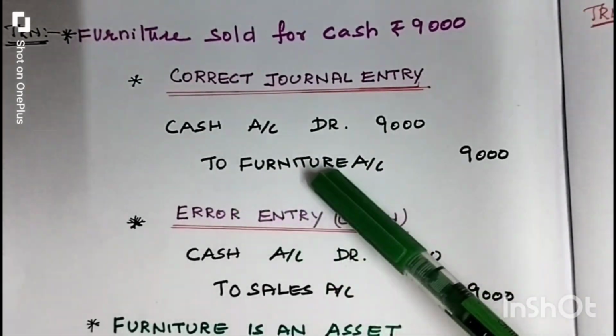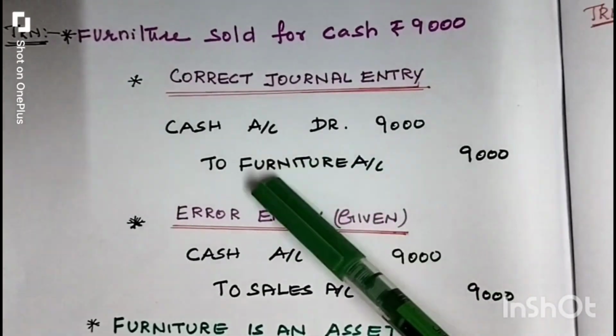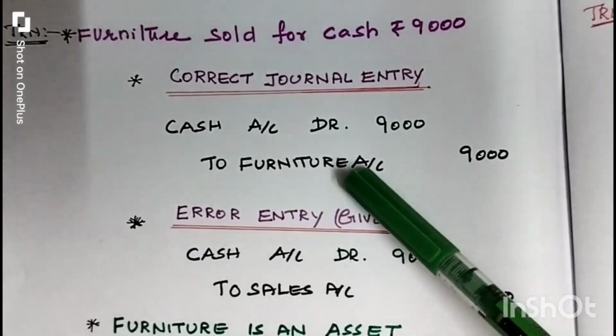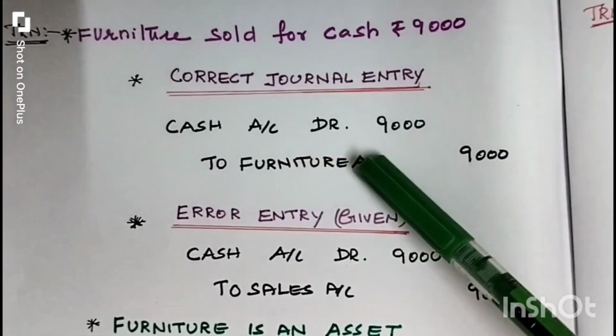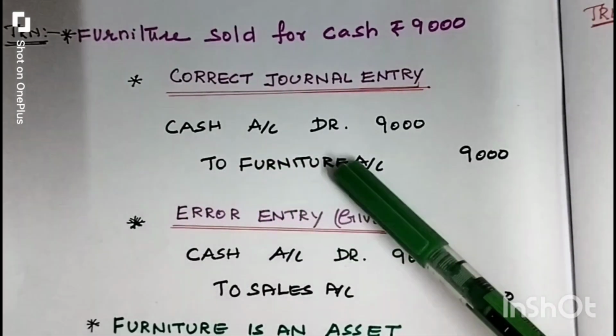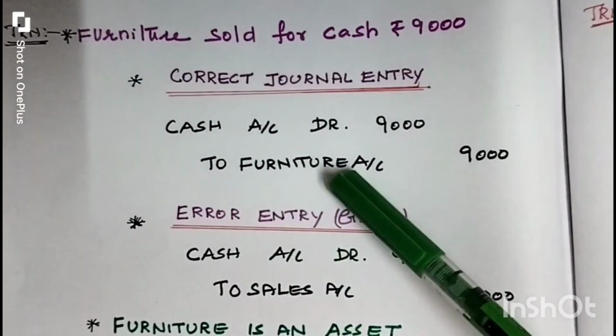You sold an asset. Whenever you sell anything, any goods or asset, your revenue increases. Whenever revenue increases, the revenue account is credited. Here the furniture asset is the revenue. Whenever you sell an asset, your revenue account increases, so you credit the revenue account.